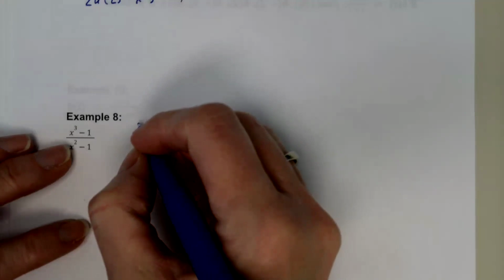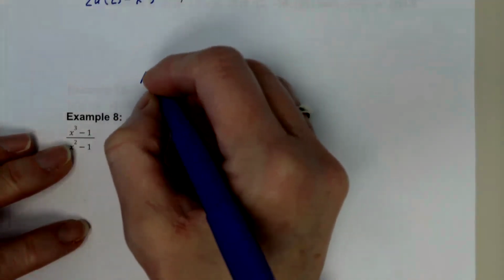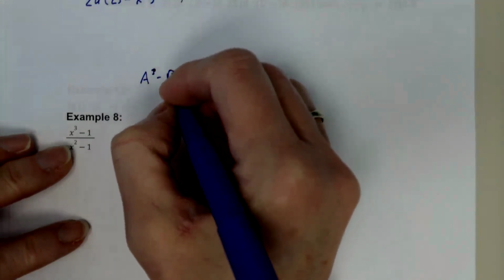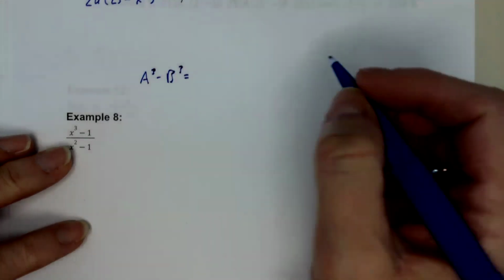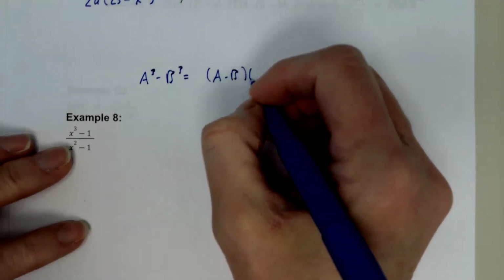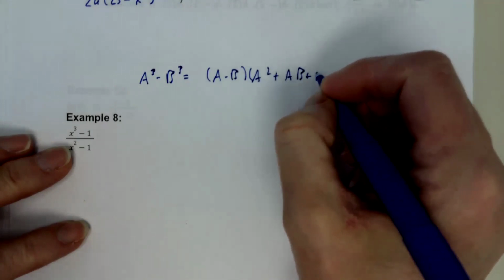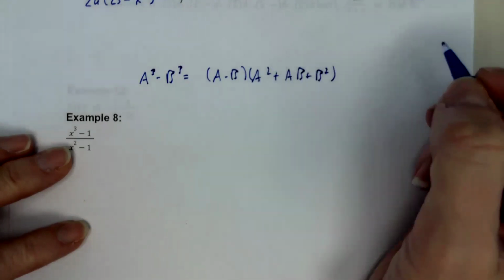This is a difference of two cubes, so we're going to use the rule that a cubed minus b cubed factors into a minus b times a squared plus ab plus b squared.